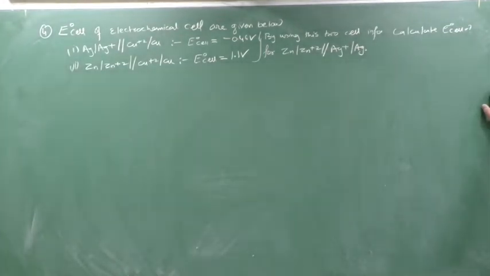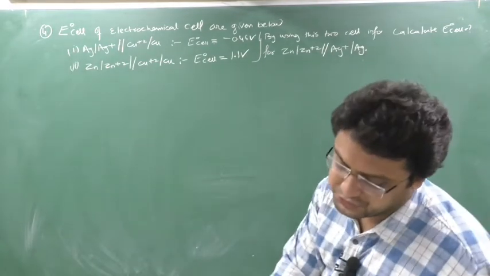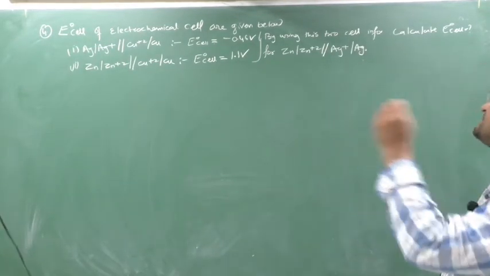So by using these two cell info, this is a bit complicated question. Okay, so by using these two cell info, calculate E naught cell for Zn/Zn+2 Ag+/Ag. Now how to solve this?